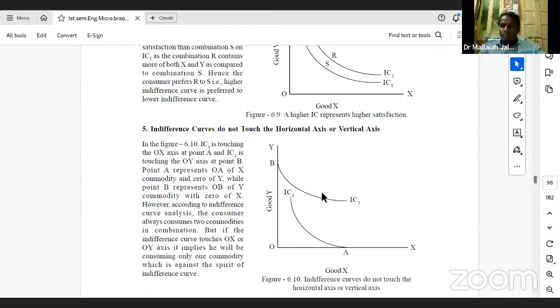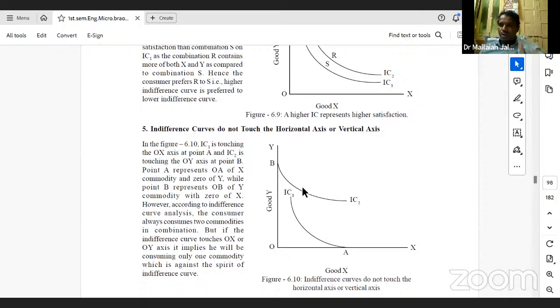So that is the reason why indifference curves do not touch the Y axis or the X axis, that is, the horizontal axis, meaning the X axis, or the vertical axis, meaning the Y axis. It is not going to be touched.